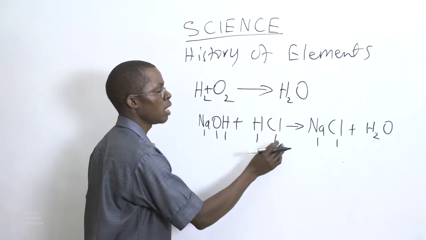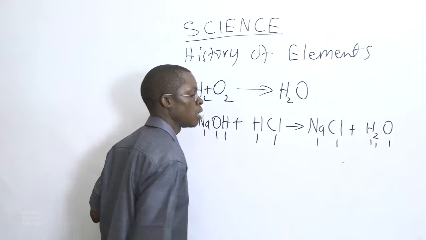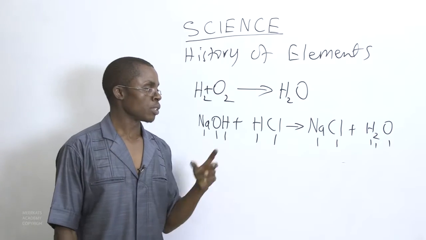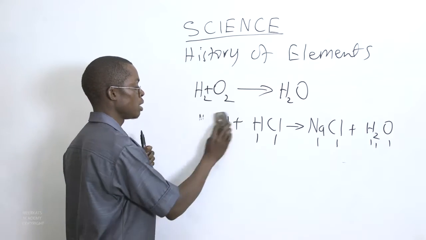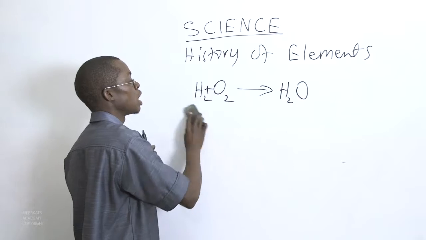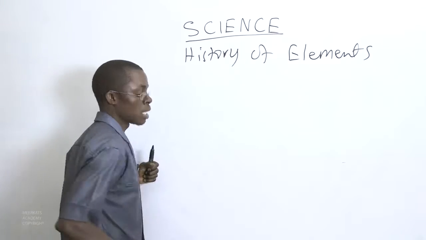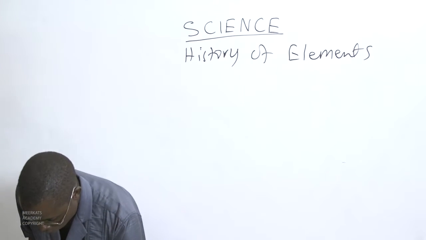We had 2 here, now we have 3, because here we have 2 hydrogens and 1 oxygen there. So that is a real agreement with the present science, just like it was in the 1800s when John Dalton was doing his work.